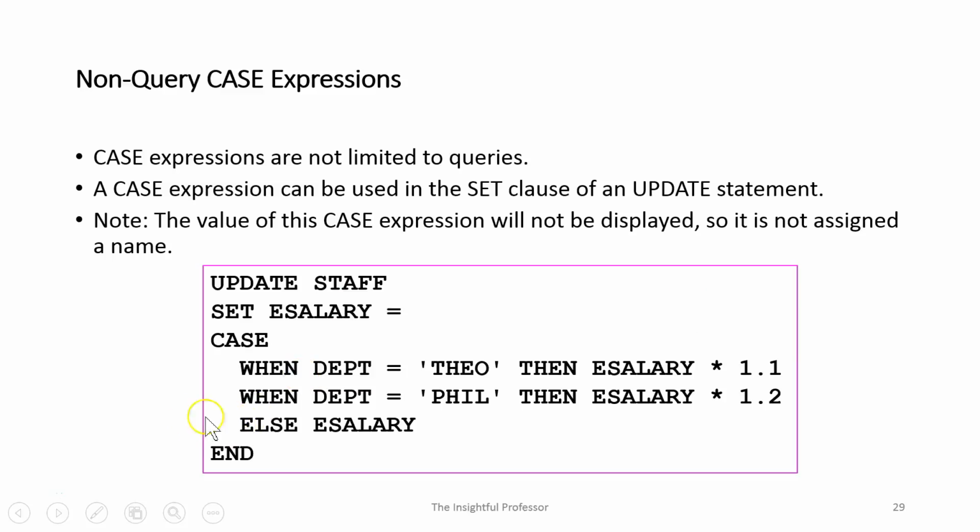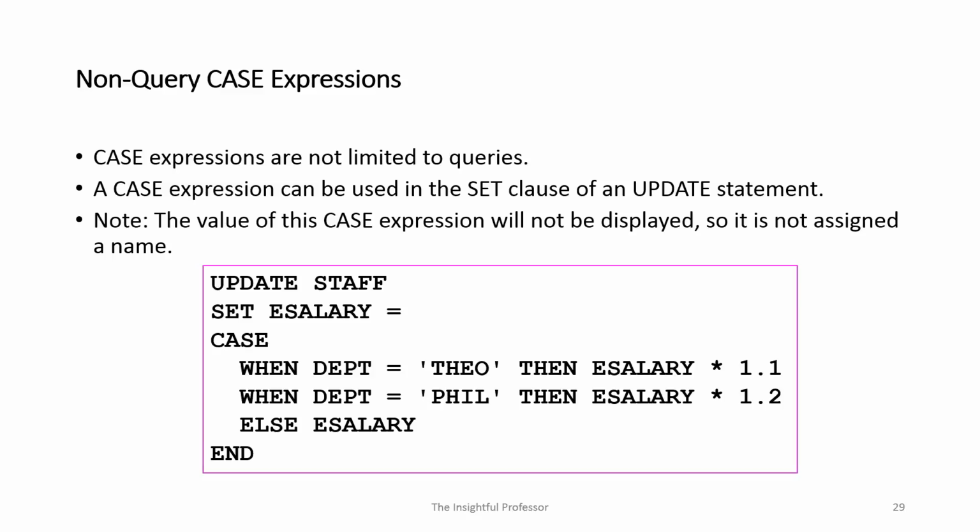Question, why do we have an else? What will the else do? It'll take whatever the current salary is and put it back into the current salary container. Why are we doing that? The reason is if you don't match one of the when conditions and you don't have an else, the value returned by the case expression is null, and anyone who's not in theology or philosophy would have their salary set to null, and the next pay cycle, if we're using that as the basis for printing a paycheck, they'd be a bit disturbed.